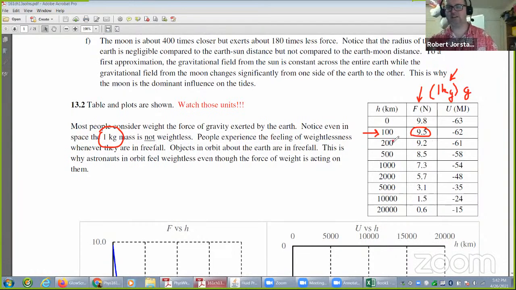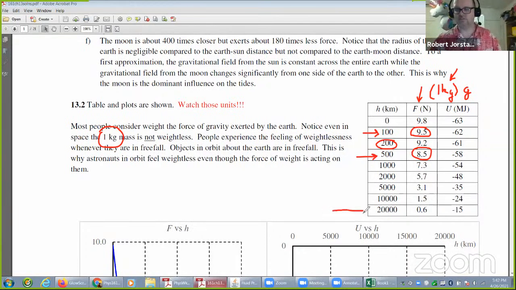200 kilometers, you're still approximately the same size. So this is a low Earth orbit. This would be a fairly decent altitude orbit. 500 kilometers, you still have most of the gravity associated with the planet. Almost like 85% of it, right? A little bit more, 87%.